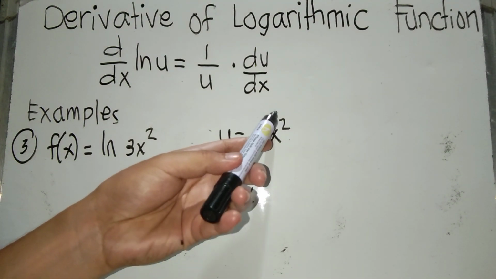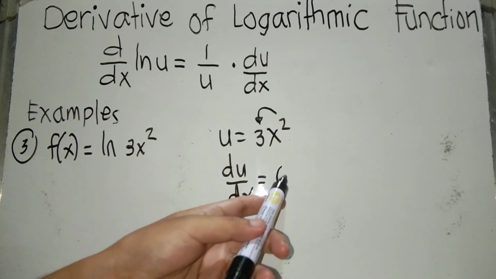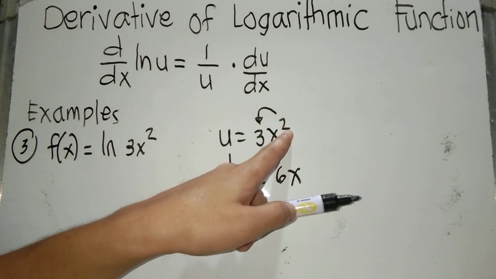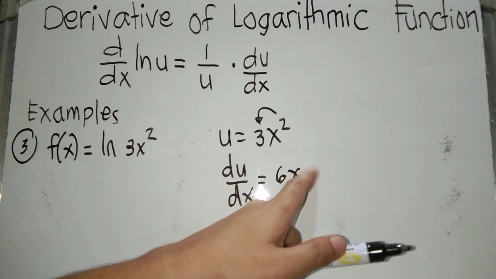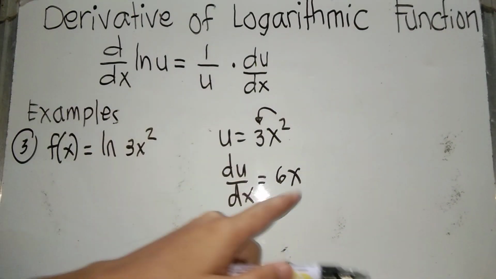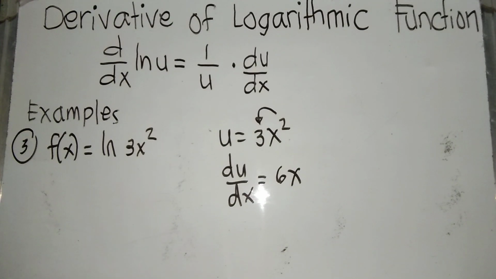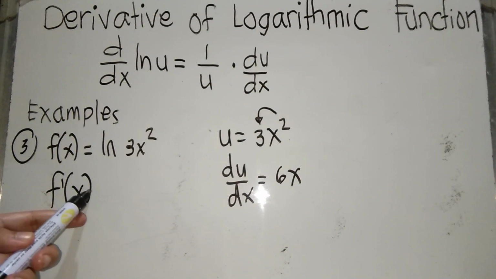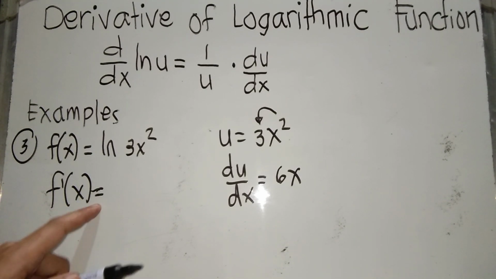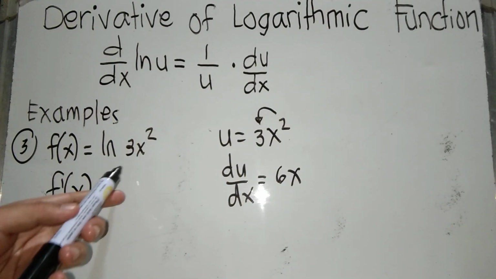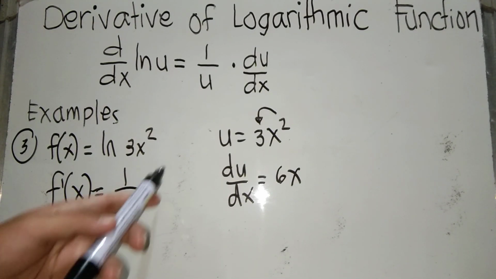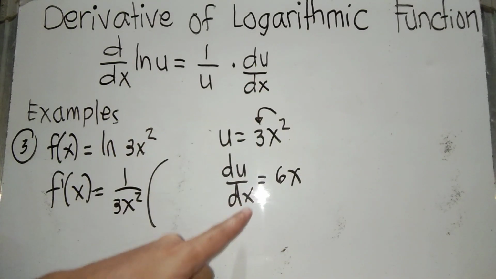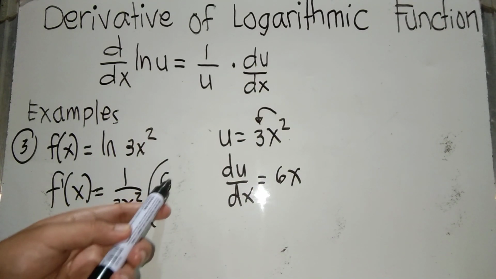Multiply the exponent to your 3, so this is now 6x, and then subtract 1 from your 2, which is now 1. And 1 is an exponent of x, so you can just write 6x. In finding the derivative, this is now f prime of x equals 1 over u. But what is your u? 3x squared. Copy that. And then multiply that with the derivative of your u with respect to x, which is 6x.